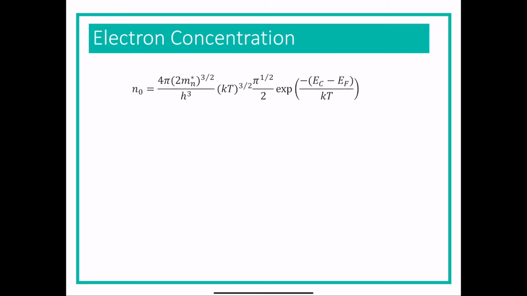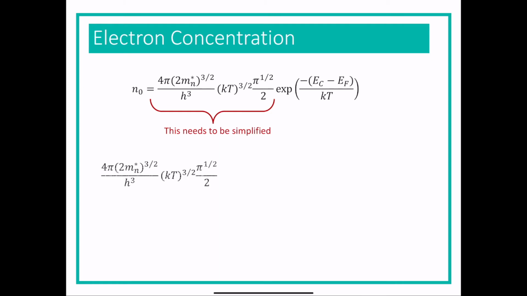We still have a big mess, but it's a better mess than it was before. So we can actually simplify that whole mass of fractions and exponents and pi's and k's and t's. And if we do that, we get 2 pi to the 3/2, 2 effective mass to the 3/2, kT to the 3/2, which means we're going to be able to put all those together, over h cubed.